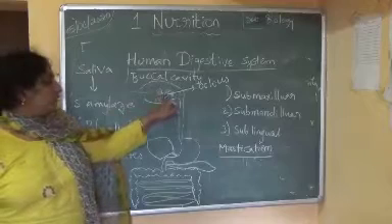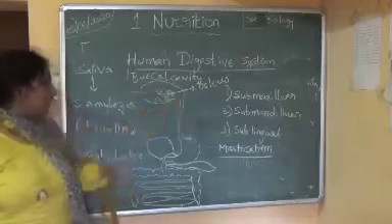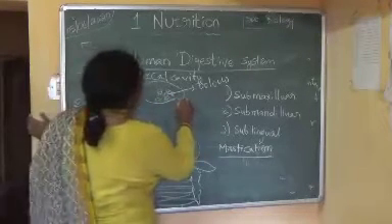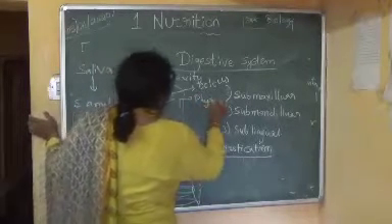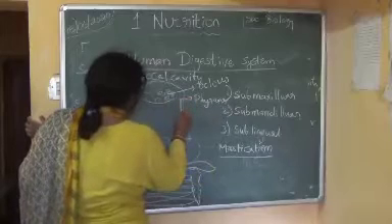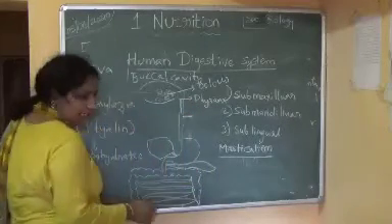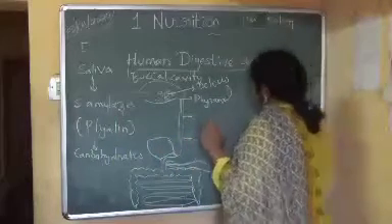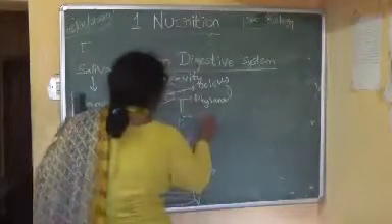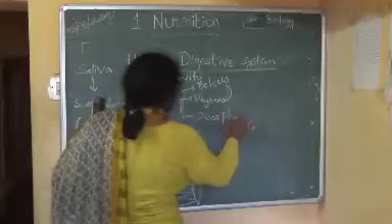Now the bolus enters through the pharynx into the esophagus. This one is the esophagus.